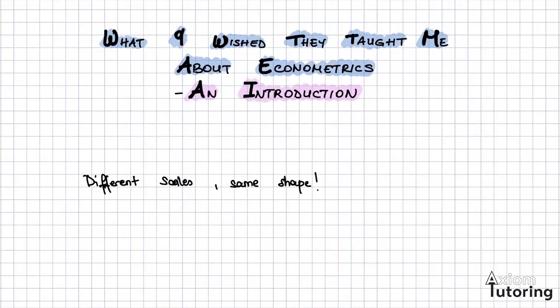Why do we always convert everything to standard normal distribution? In this video, I will explain what the normal distribution is and why standardizing is not a trick, but actually a necessity. So, what does the normal distribution represent?